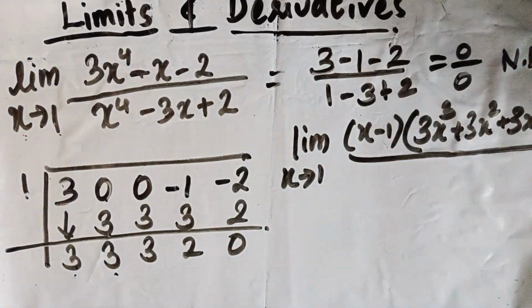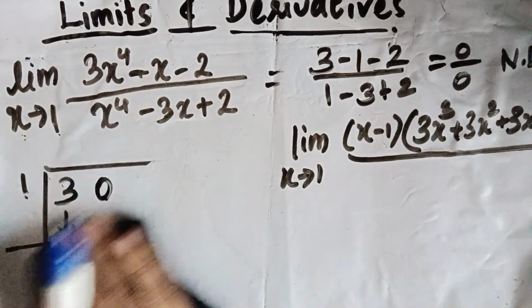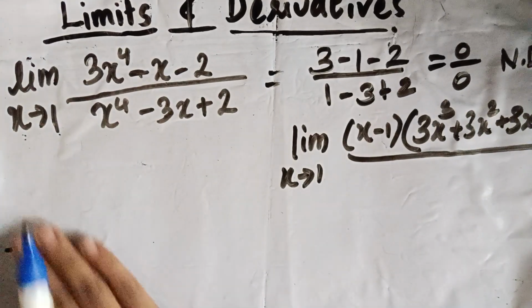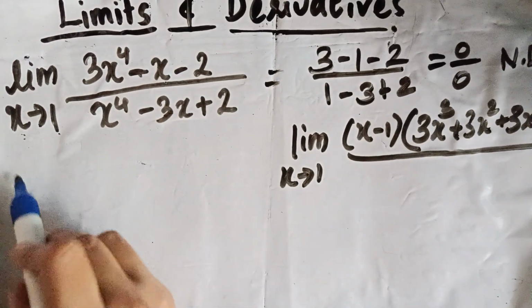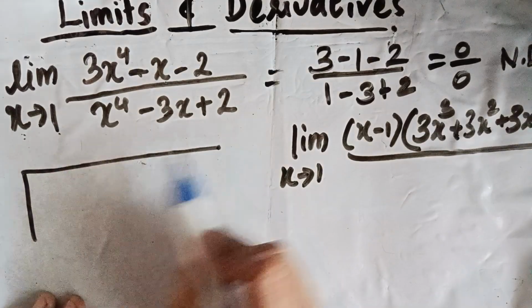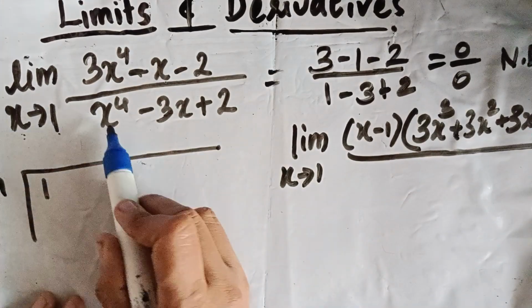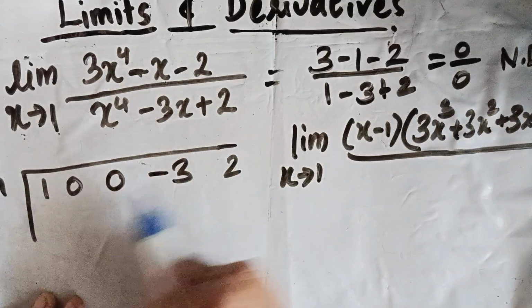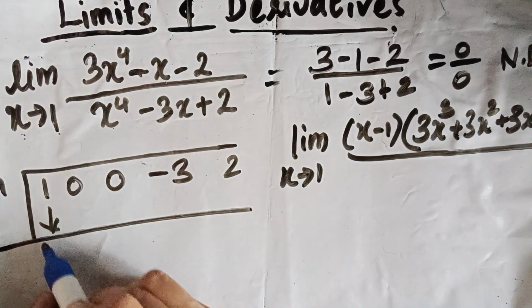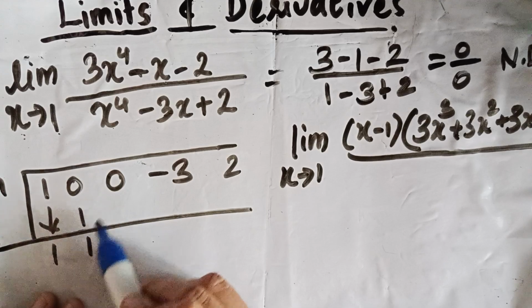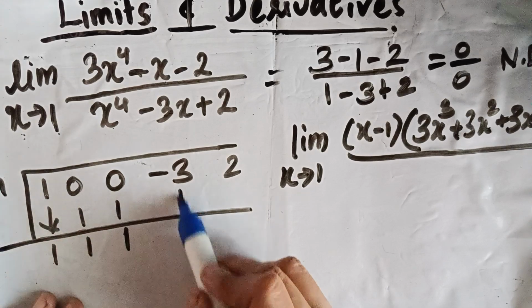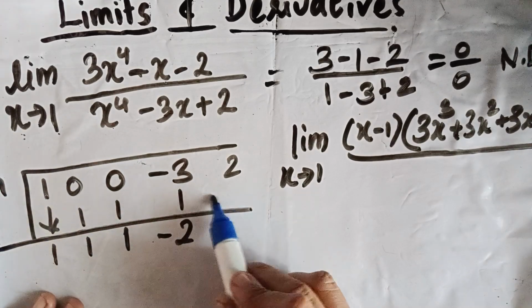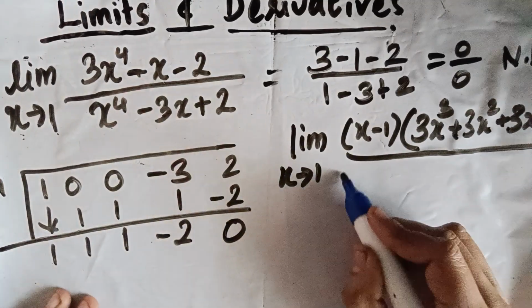Okay. Now we'll reduce the denominator term. Again taking 1, the coefficients are 1, 0, 0, minus 3, 2, and 1, 1, minus 2, 0. Okay.